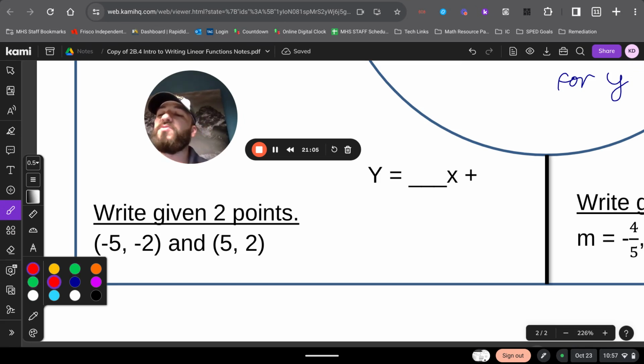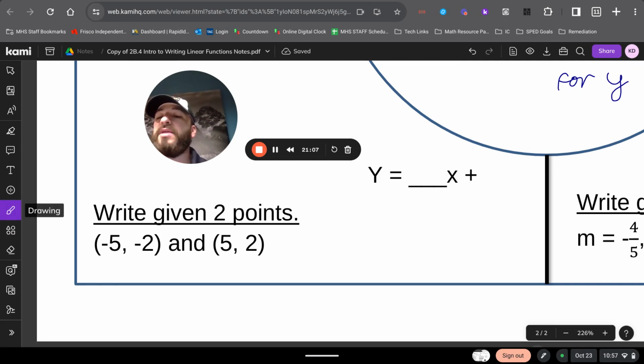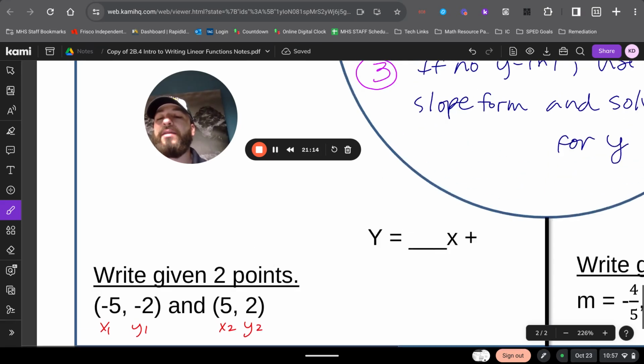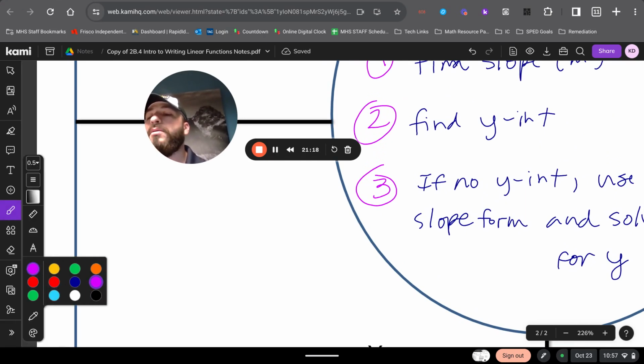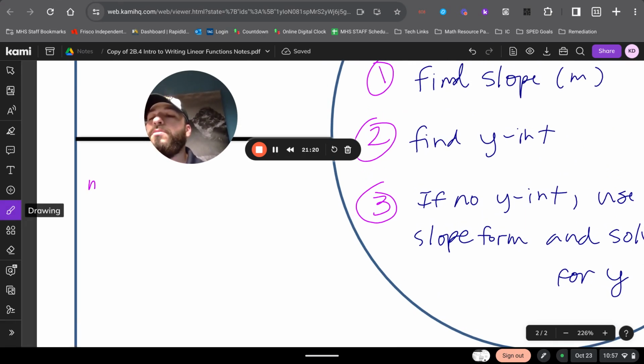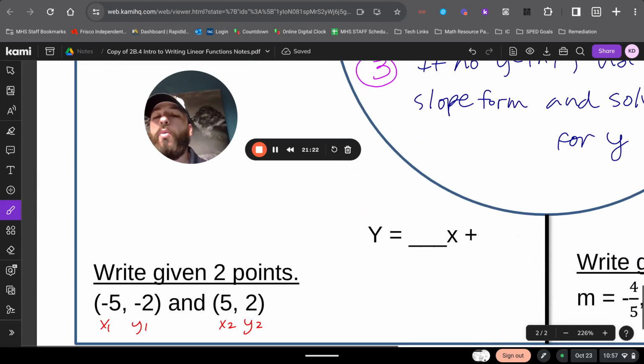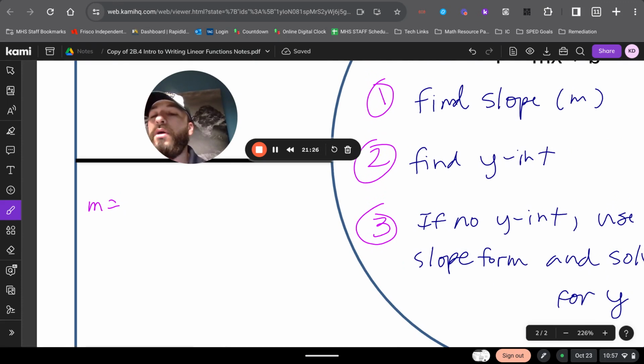So first and foremost, we want to write that slope. But let's go ahead and denote our x1, y1, and x2, y2, because that's going to help us out here in a second. And so our slope equation is that y2 minus y1. So m is equal to, and our y2 is 2, and our y1 is -2. So 2 minus -2.